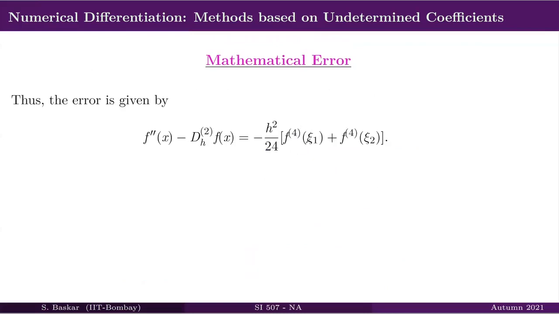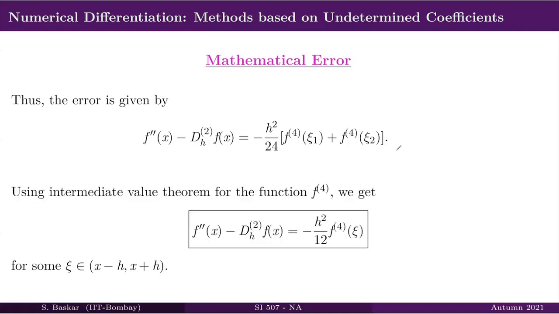Fourth derivative of f evaluated at xi1 plus fourth derivative of f evaluated at xi2, right? Well, one can leave the mathematical error expression at this stage, but you can also see that we can use the intermediate value theorem on f4 and just write this expression in a rather compact way like this.